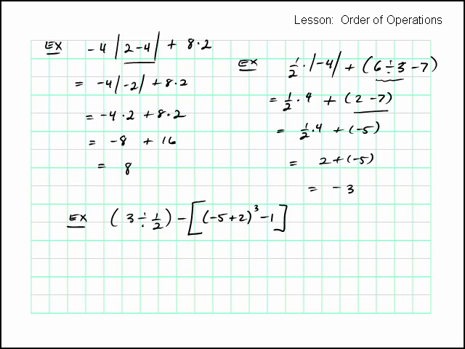If you have parentheses within parentheses or parentheses within brackets, you always start in the innermost set. So the first thing I'm going to do here is add the negative 5 and the 2. Let me fix that mistake there. Okay, that's negative 5 plus 2 is a negative 3.